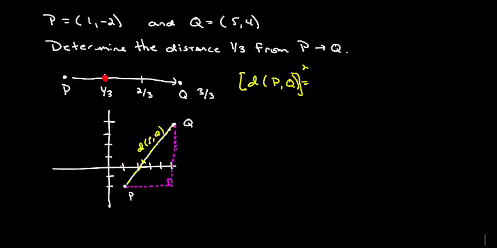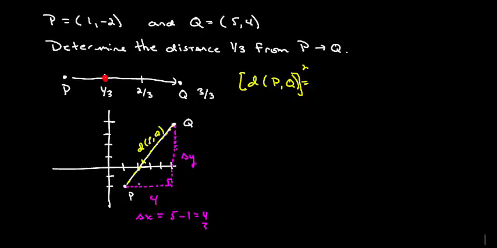Well, this length goes from 1 to 5, so it's a length of 4. How do we get that? We take 5 and we subtract 1, and that gives us 4. That is our change in our x position. It's 4 units. Now let's look at our change in our y position.